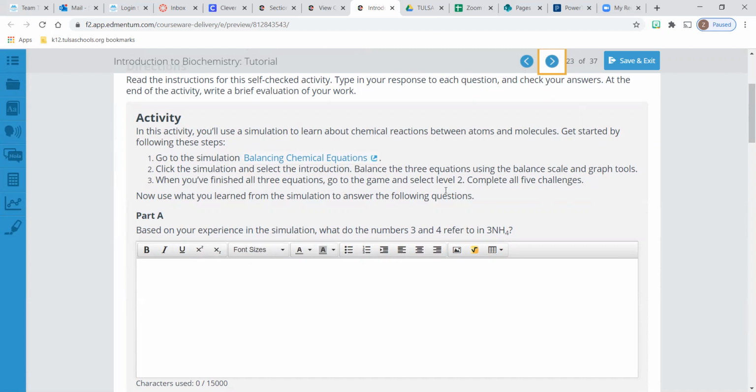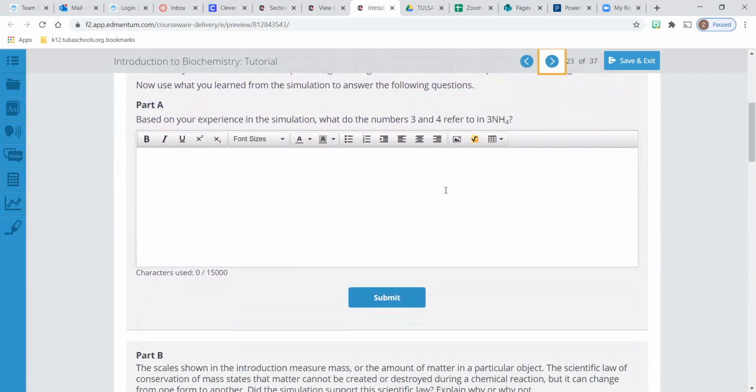And it will help you balance and understand how moving things around will balance the scale of the equation. And it'll ask you a few questions based on your experience in the simulation. What do the numbers 3 and 4 refer to in 3 and H4?